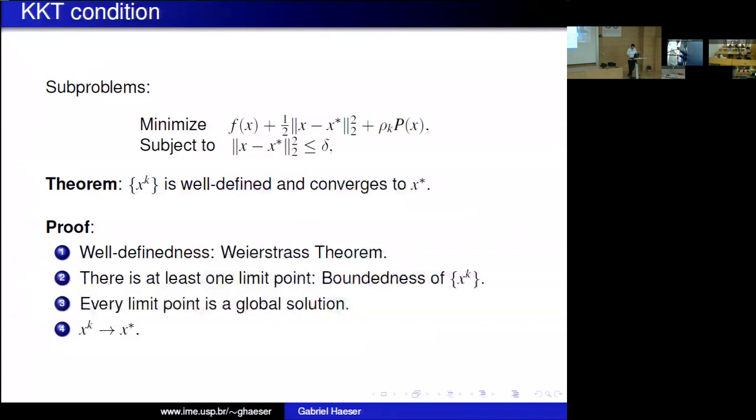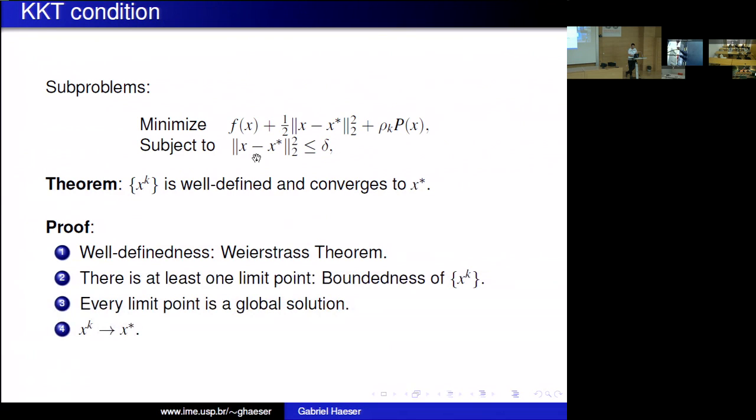Now let's go back here. These are the subproblems. For each k, I solve this and I get xk. And this parameter delta was previously fixed. It's sufficiently small, but fixed. Since xk is converging to x star, this constraint will be inactive for k sufficiently large.